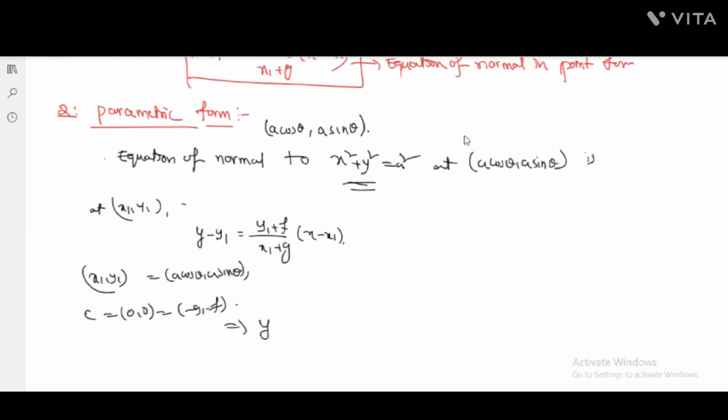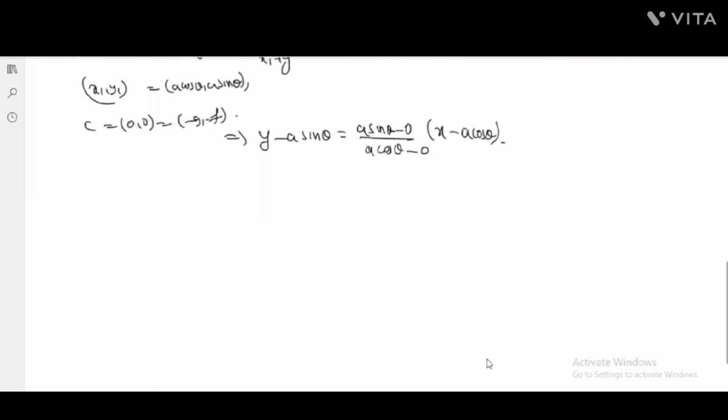If you substitute all this, y minus a sin theta is equal to (a sin theta minus 0) by (a cos theta minus 0) into (x minus a cos theta). So after substituting the values, this is the equation of the normal. Let's simplify this one. We get y minus a sin theta is equal to a sin theta by a cos theta into (x minus a cos theta).